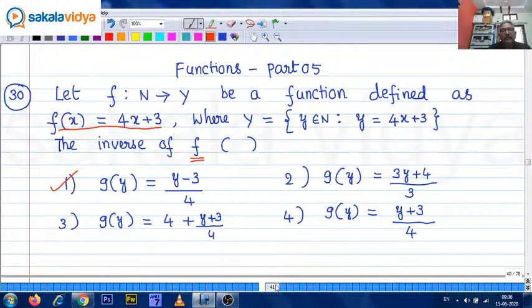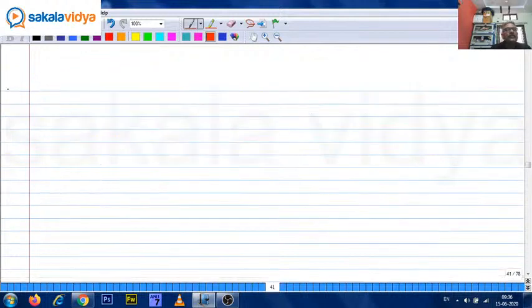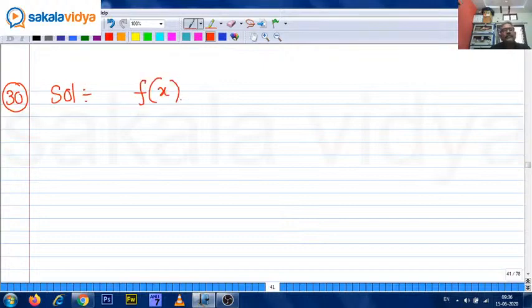But let us do it now. Solution 30. So f of x equals 4x plus 3. Now f inverse x equals, you can follow this strategy.